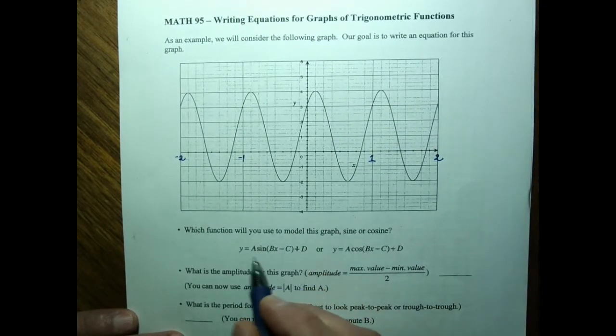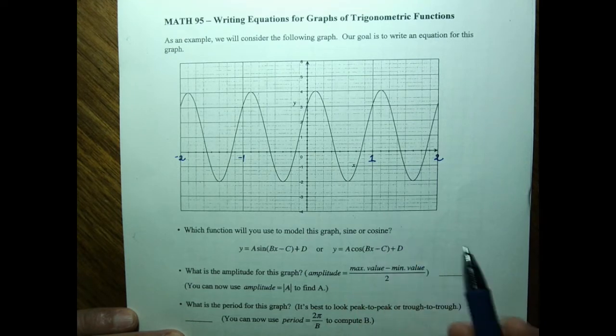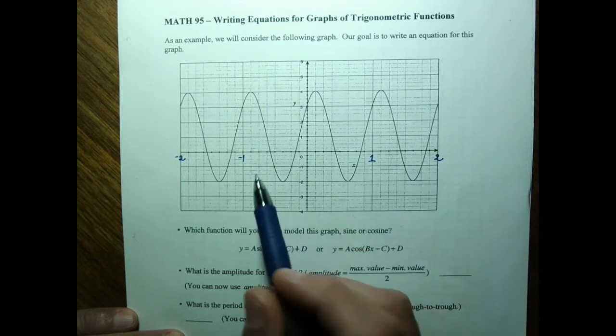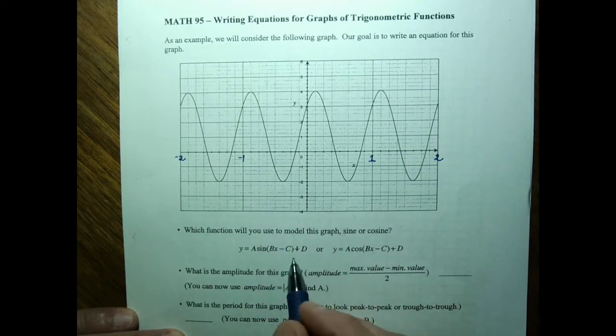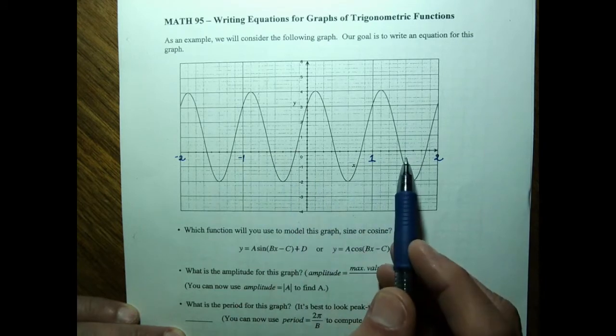We've got to choose. Do we want to use the sine function or the cosine function to describe this graph? And really, you could always choose either one. Sine will work or cosine will work for any sine wave.